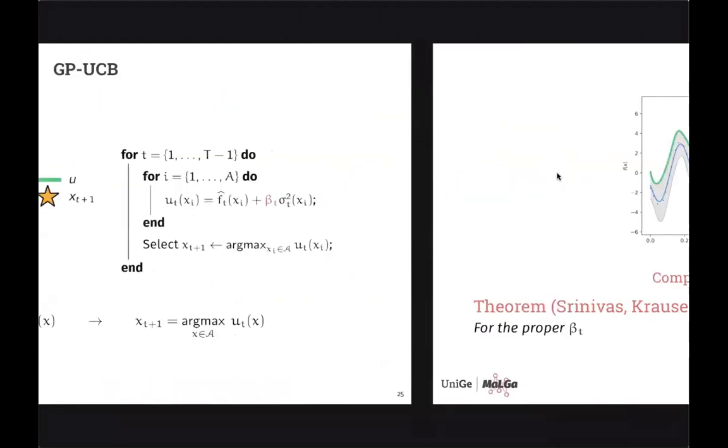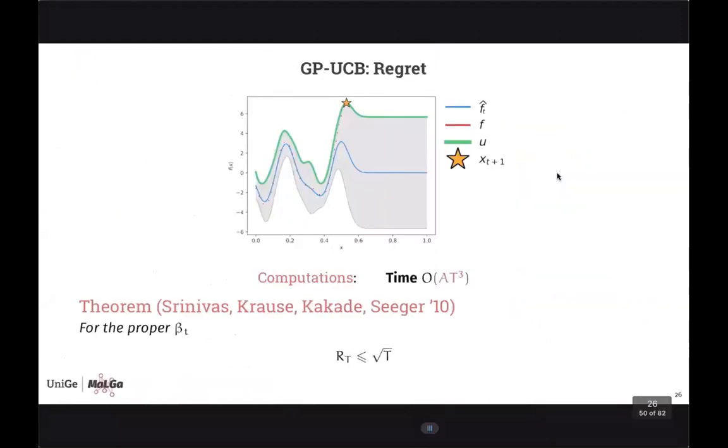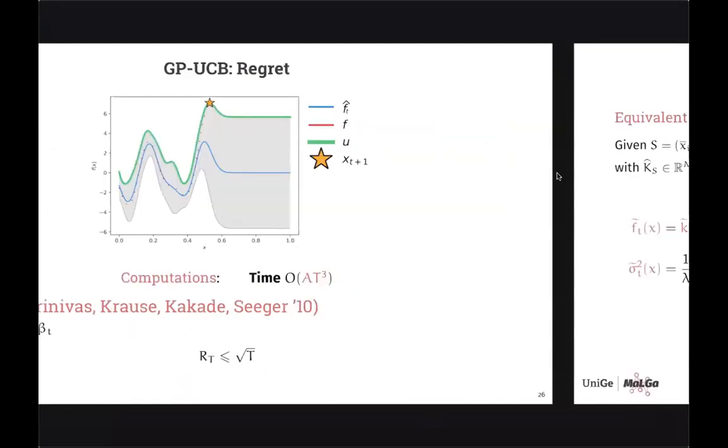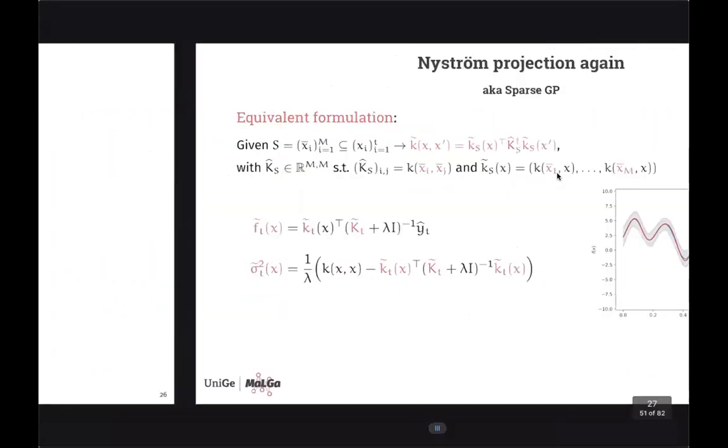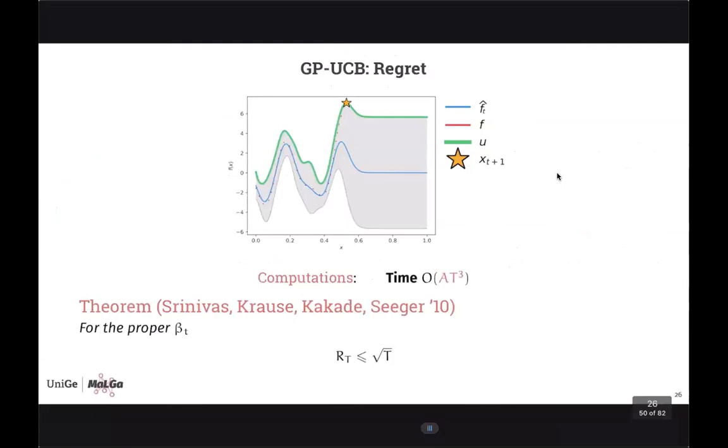And it turns out that there is an expression, not necessarily easy to compute, for this beta t, for which you can characterize the regret of these techniques, which is basically square root of t. Now, this becomes the same as the kernel ridge regression I showed you before. This becomes the gold standard we would like to match, okay? We have an algorithm which gives good results with high computational cost. We would like to improve on this.